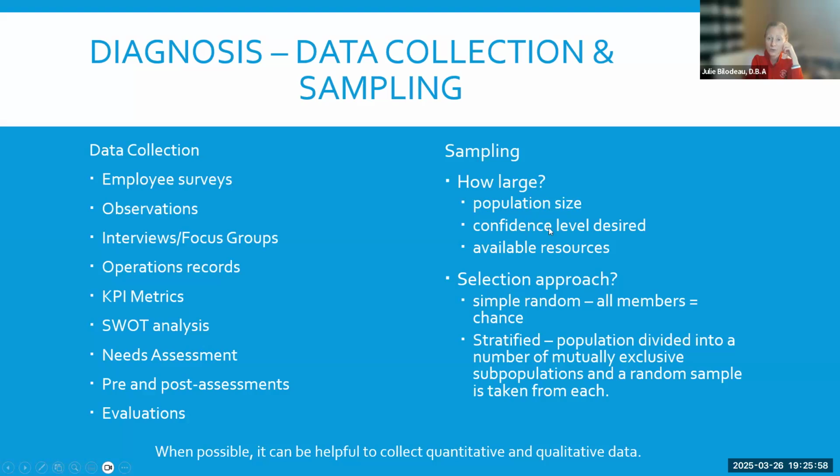This is kind of a loaded question because the sample size is dictated by the population size, right? Like if there's only 20 people in the population and we choose a sample, it's going to be a lot smaller than if there are 20,000 people in the population. So the size, the confidence level desired, this is all about your validity, like how credible, valid do you want these results to be?